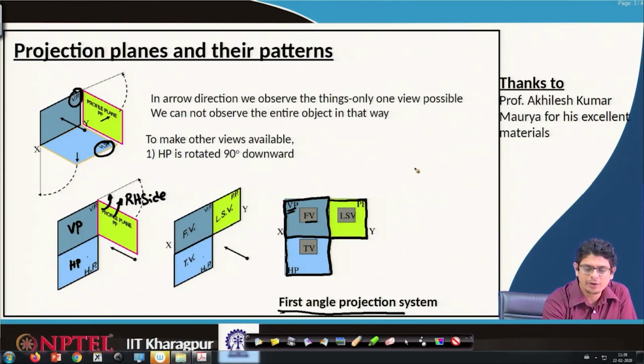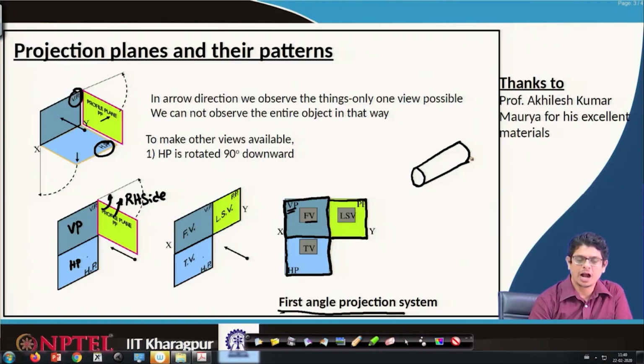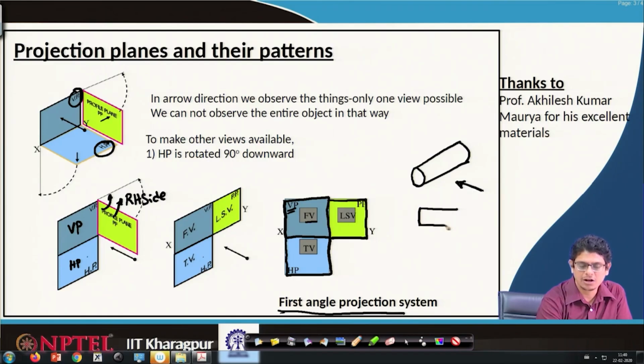For example, if I would like to construct a cylinder, this is the three-dimensional object and our view follows from this direction. If the eye is from this direction, we would like to see the cylinder. The cylinder looks like a rectangle on that vertical plane. This is the front view.